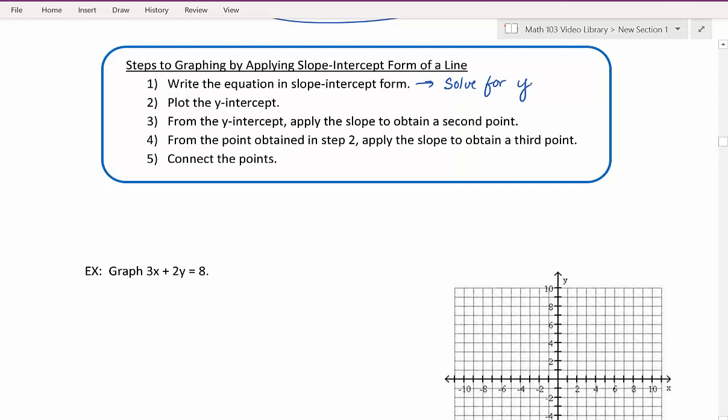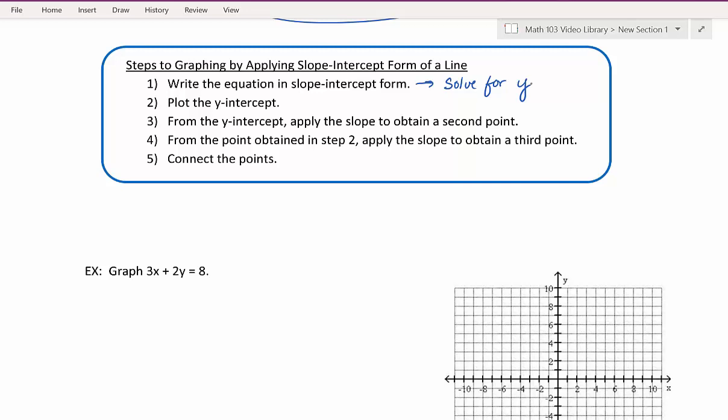Once we have our equation in slope-intercept form, we want to identify and plot the y-intercept. We want to then identify the slope, and from the y-intercept, we are going to apply the slope to obtain a second point on the line.